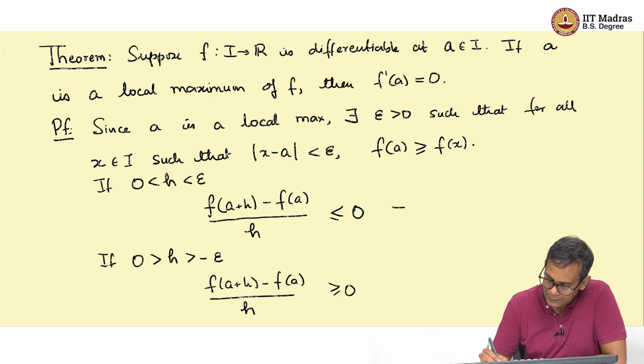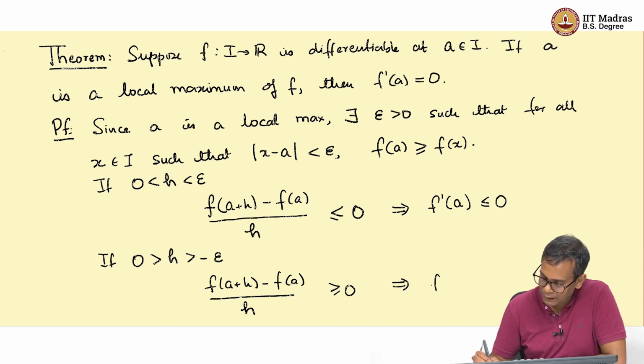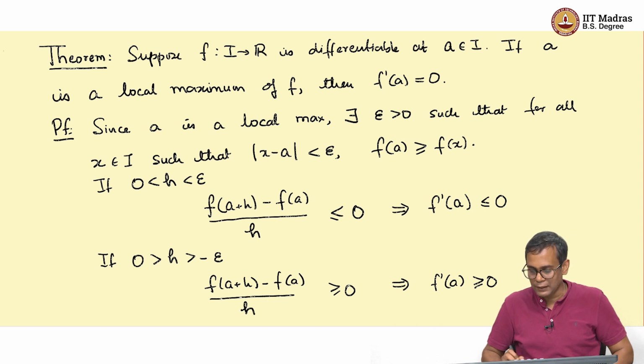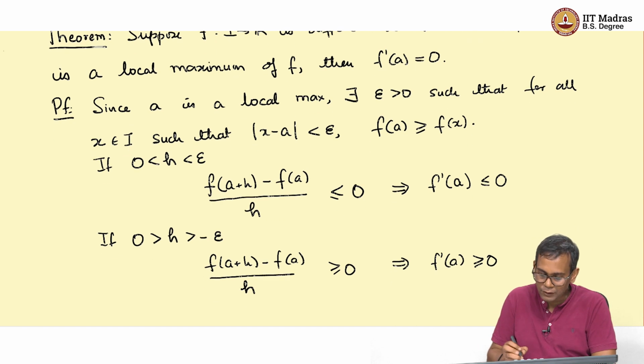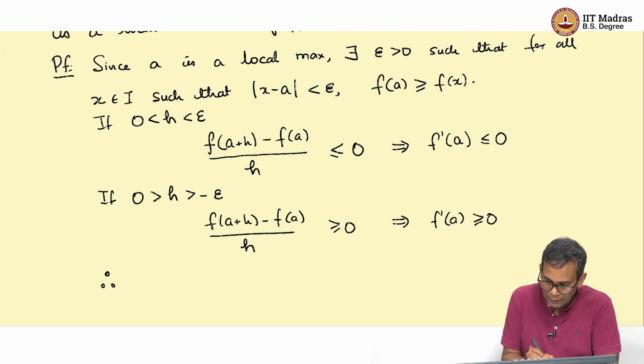So, this implies that the derivative of f, which is the limit, has to be less than or equal to 0, whereas this implies that the derivative of f at a has to be greater than or equal to 0. And so, we are left with no alternative but to conclude that f prime of a is equal to 0.